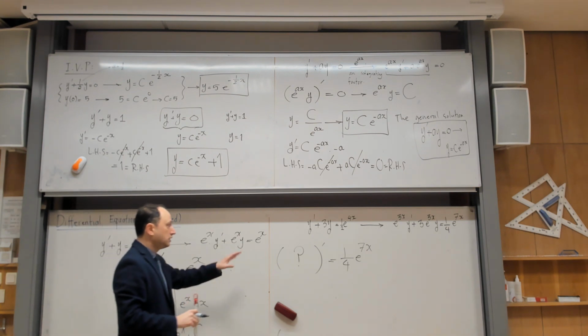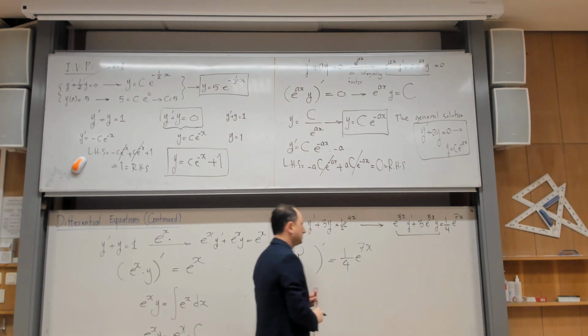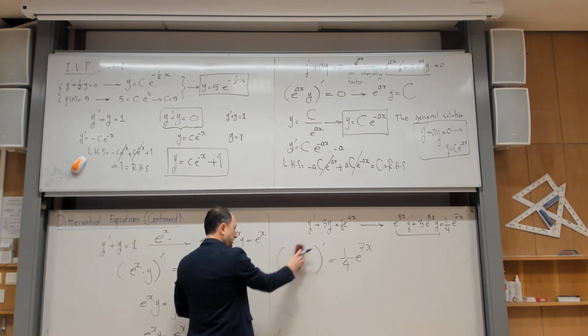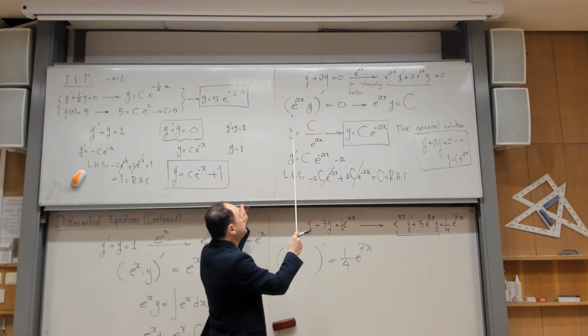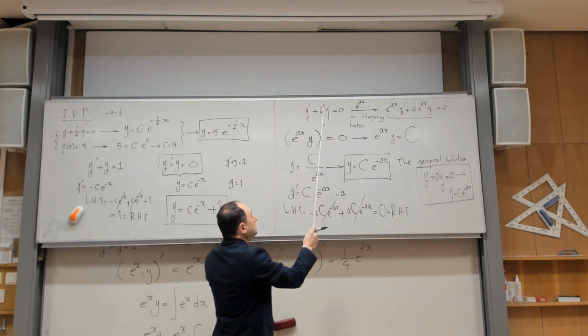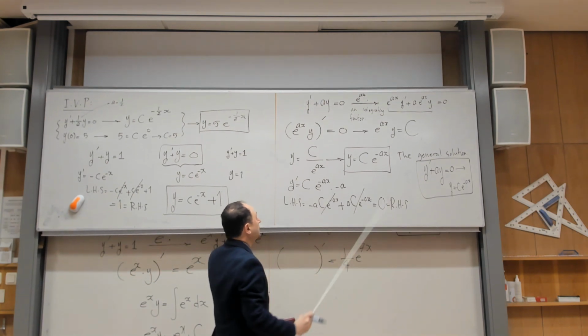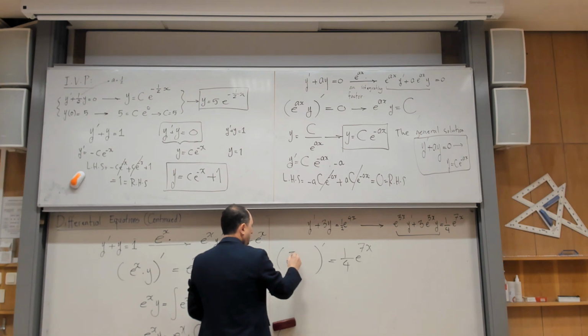A function whose derivative is this underlined expression. What is that? You have it here on the board. You did it for the general case where a was just a. Here a is 3. So this becomes what? e to the power of what? 3x y.